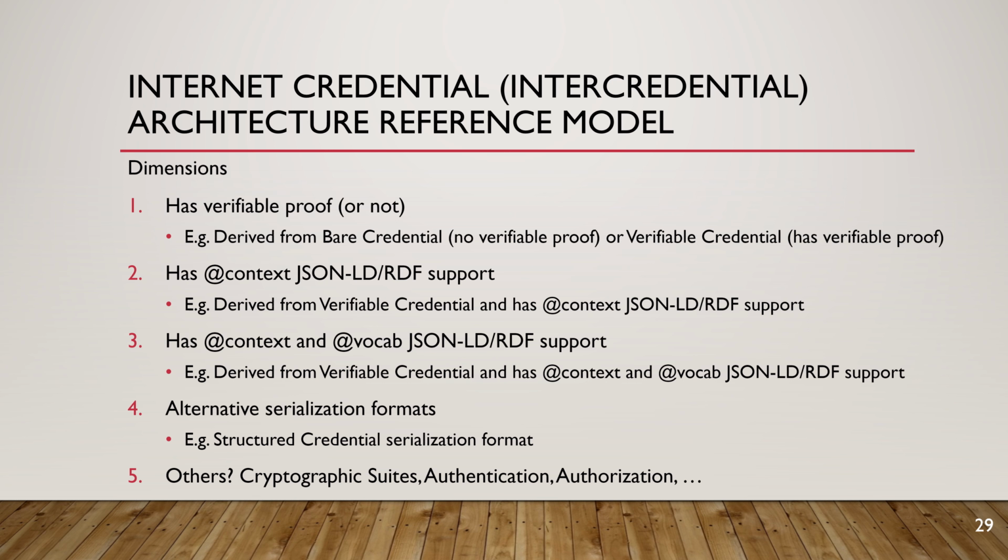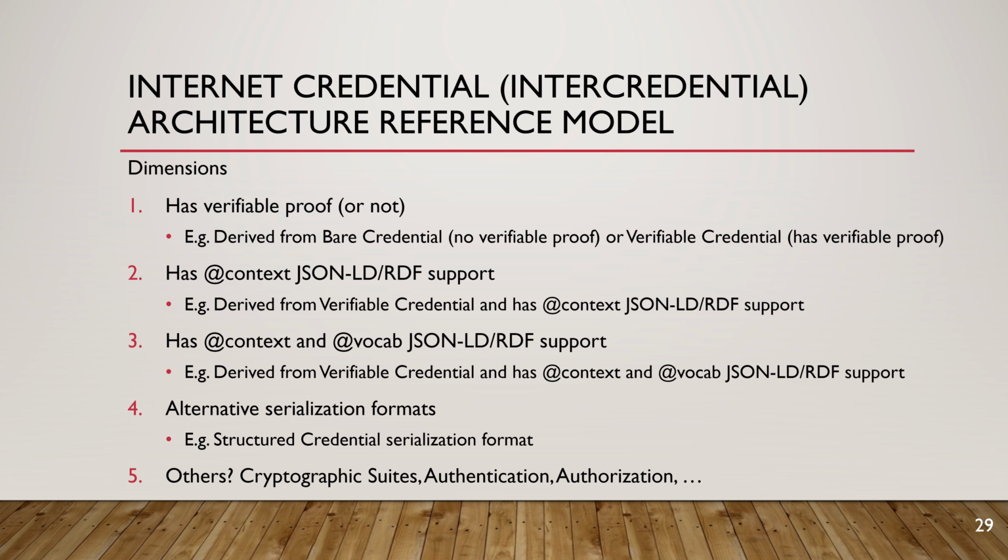the first dimension is, does the credential have a verifiable proof? So is the credential derived from bare credential and has no verifiable proof, or does it have a verifiable proof, and hence is a verifiable credential? So that's one way of separating the different types of internet credentials that are out there. In step 2, we can ask, does the verifiable credential have @context JSON-LD RDF support?